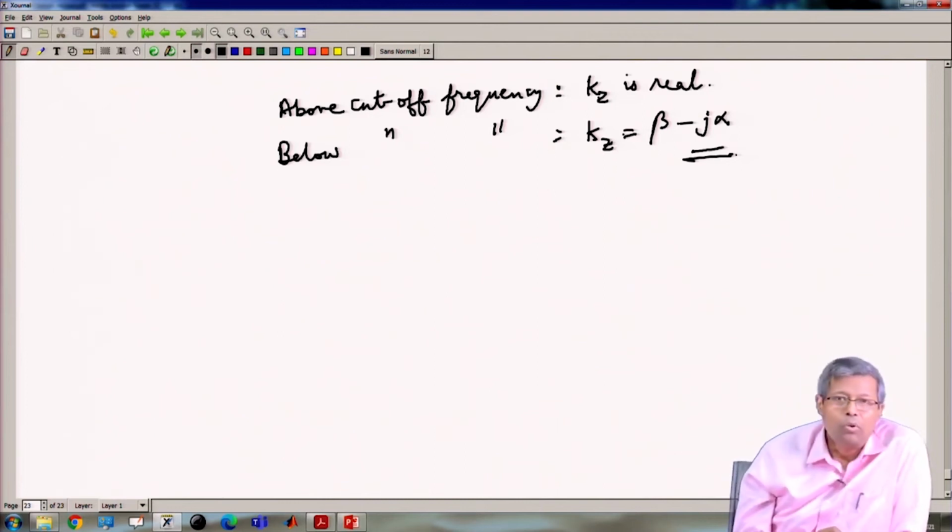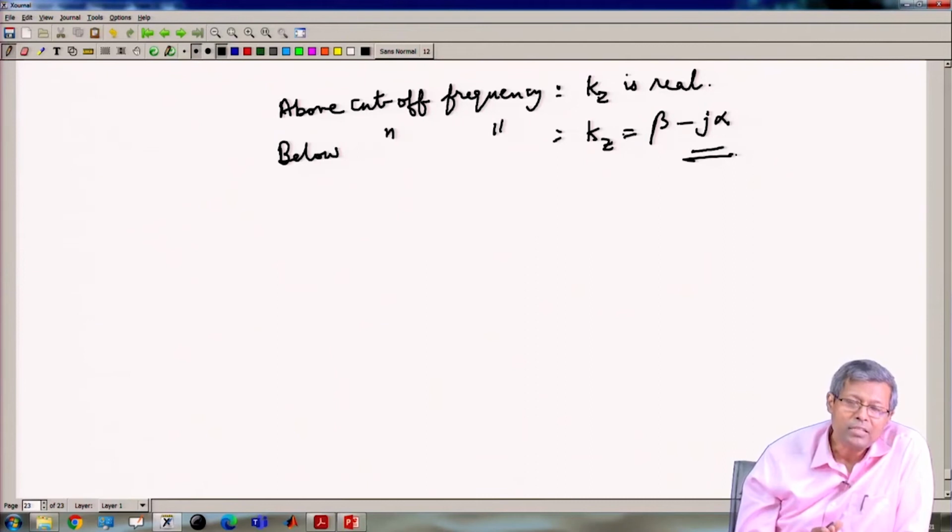Now, the question is, what demarcates below cutoff and above cutoff.